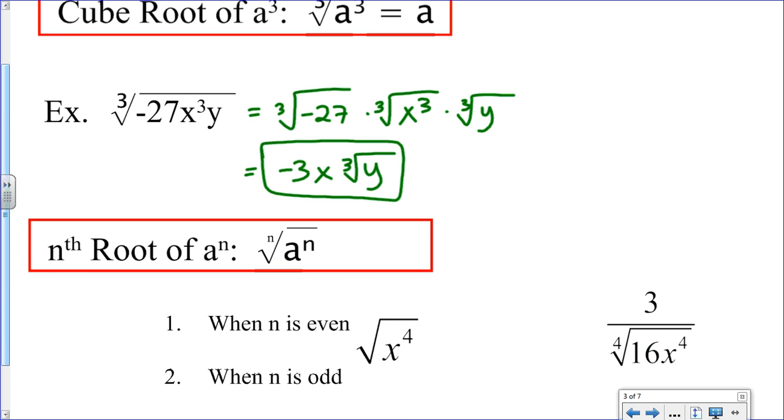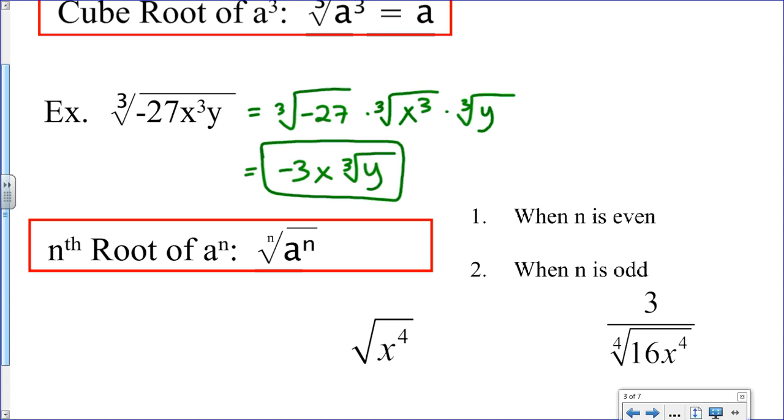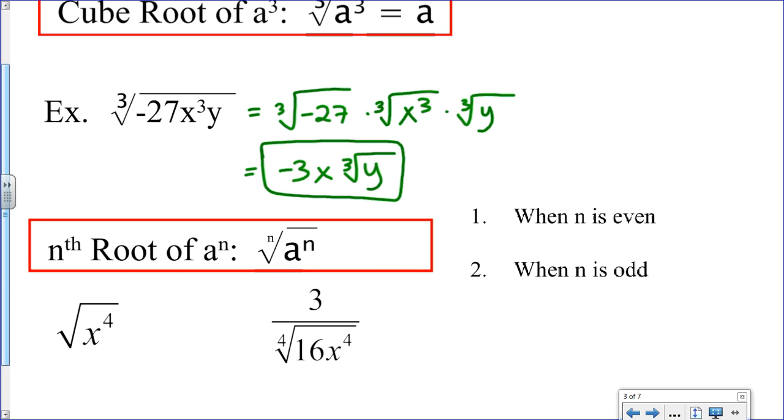All right, so for the nth root, we have a couple different options. So nth root, meaning n could be any number.